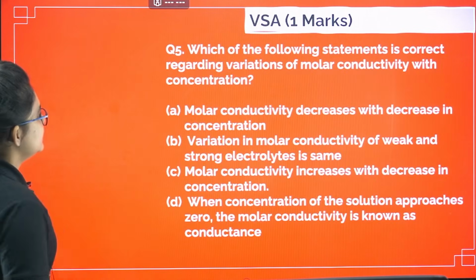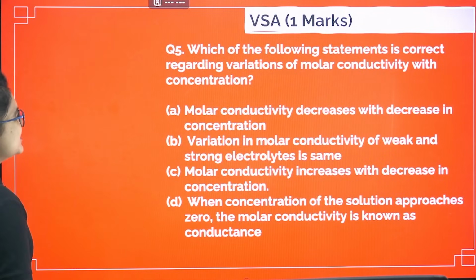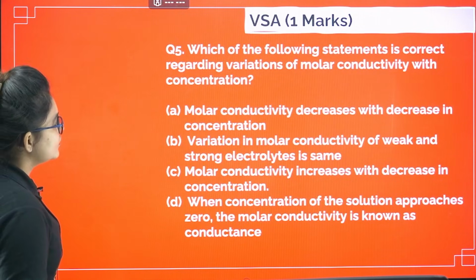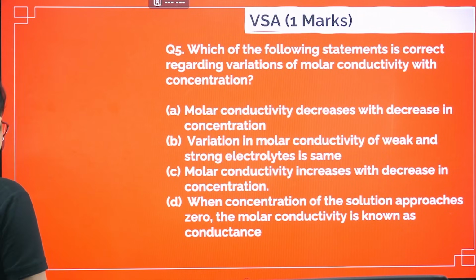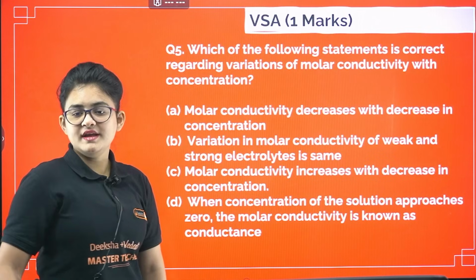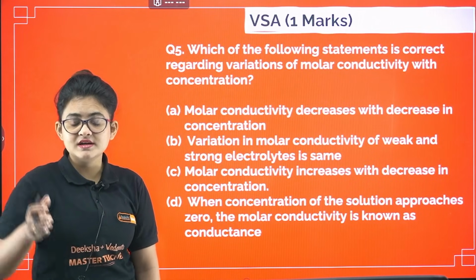Let's proceed further. Which of the following statements is correct regarding the variation of molar conductivity with concentration? For this case, always remember, molar conductivity increases with decrease in concentration.